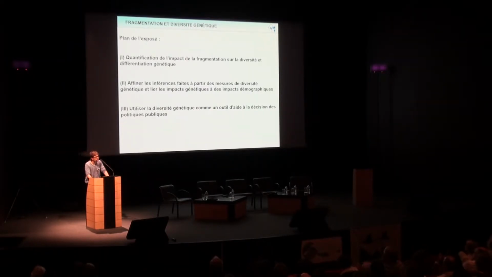First of all, a study showing how fragmentation can have an impact on genetic diversity and differentiation. In a second study, I try to show you how we can use this genetic diversity in order to identify key parameters.